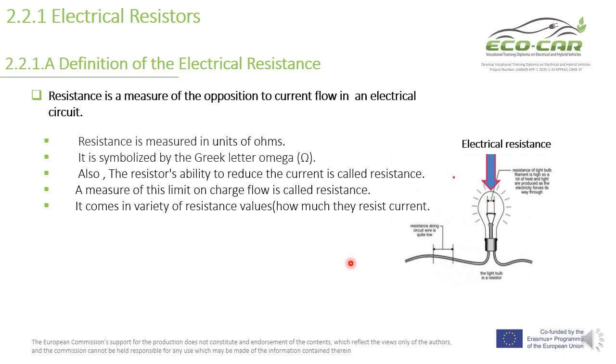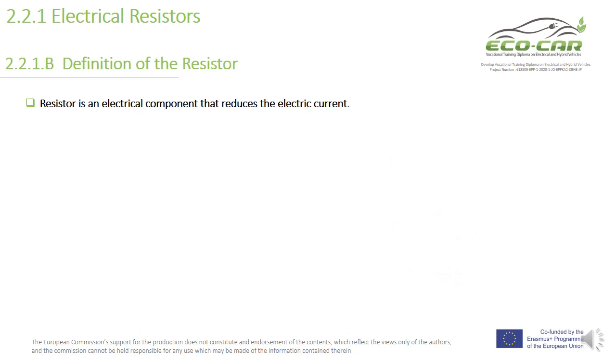A measure of this limit on charge flow is called resistance. So the resistance is to resist the flow of charge. It comes in a variety of resistance values.